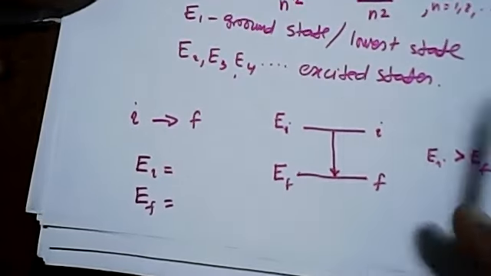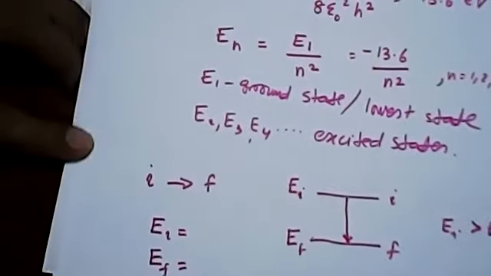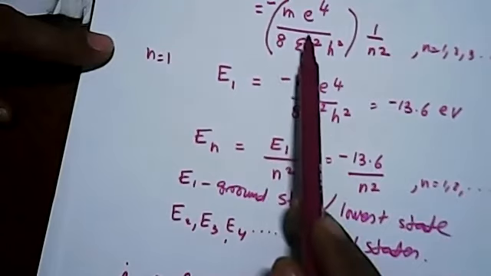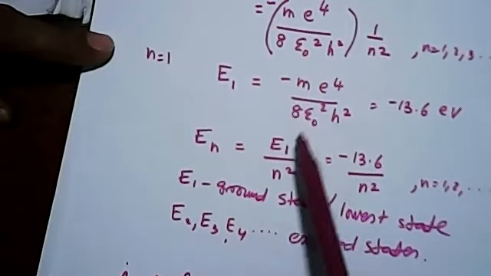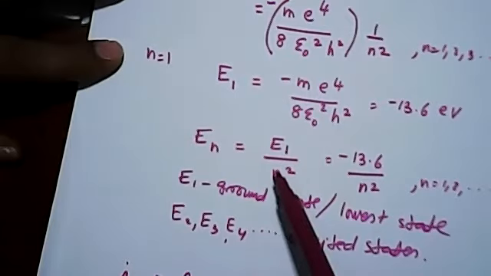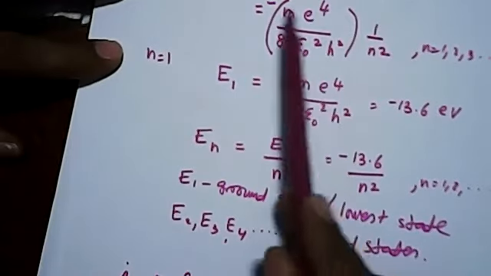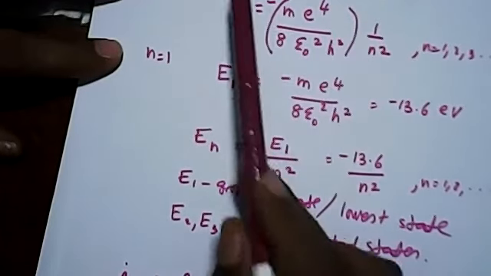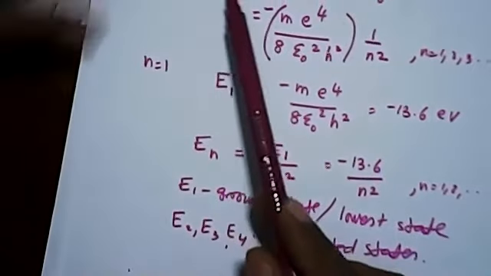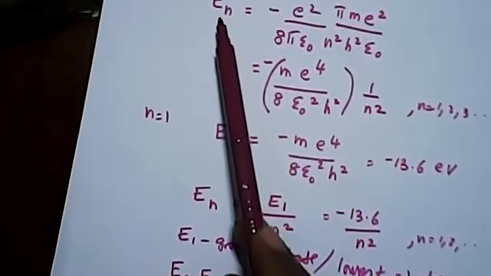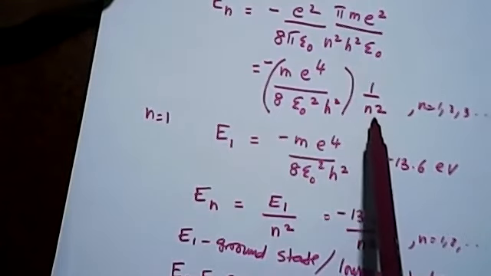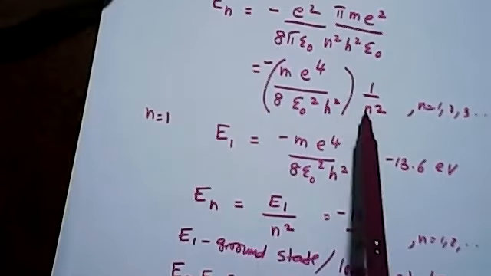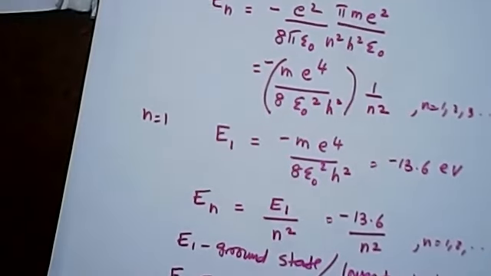We have already the expression for En here. En equal to this expression, or E1 by n square, or you can put this expression. This is the expression for En. So you can put EI here, then you have to put Ni, then you put EF here, then you can put NF here. Okay, so let me do that.